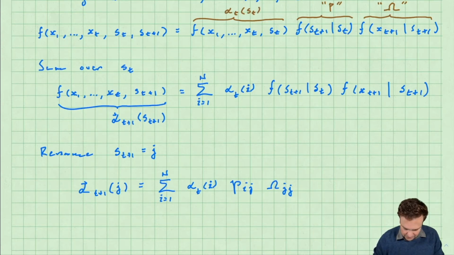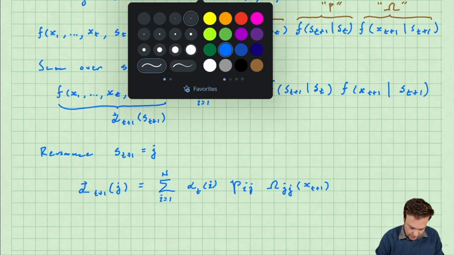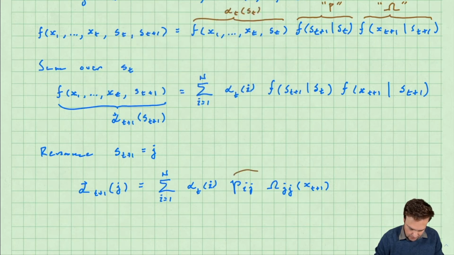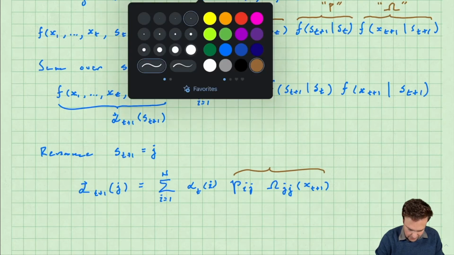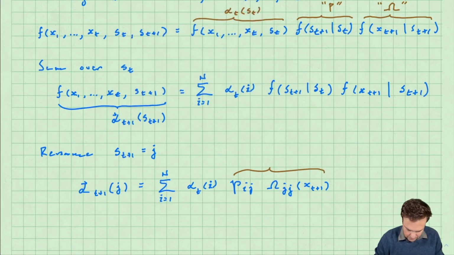To see if this has the correct form, we should first write this thing in its complete form. So put under here x of t plus 1. Now think about this quantity here. That is row i, column j of this matrix product.